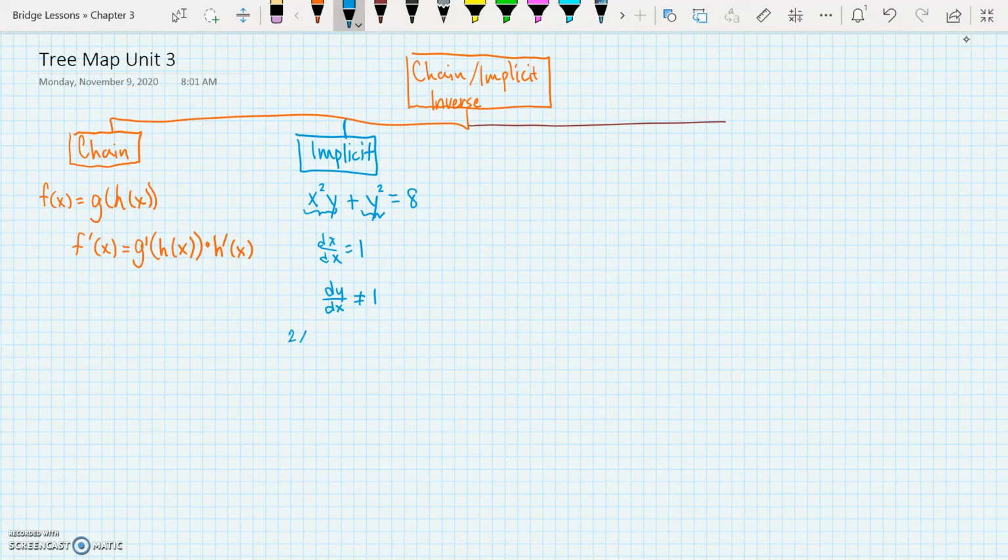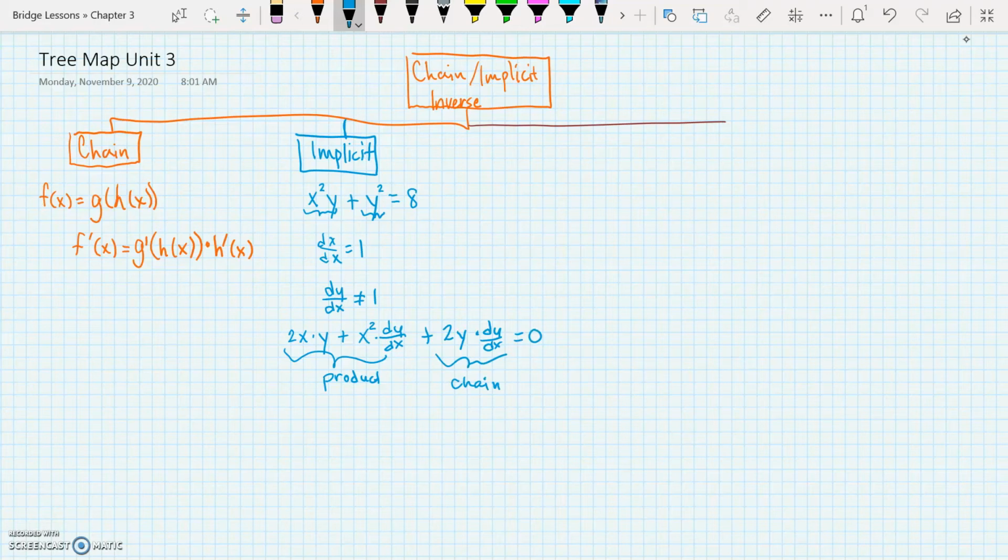So it would be 2x times y plus x squared times the derivative of y, and all of this is product rule, plus 2y times dy/dx, and all of this is chain rule, equals 0 because the derivative of a constant is 0.